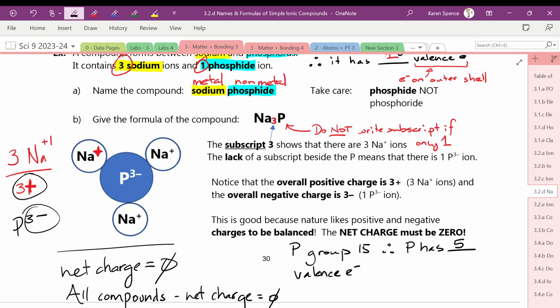Aaron. Where the Bohr model doesn't work?